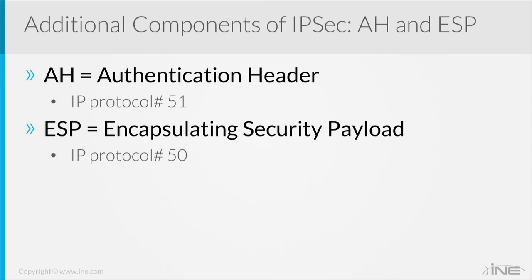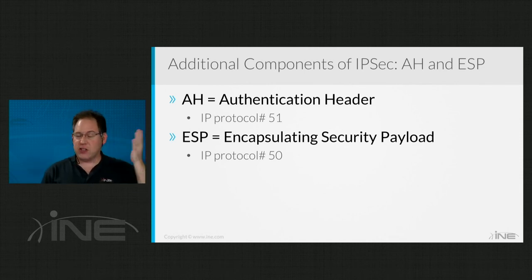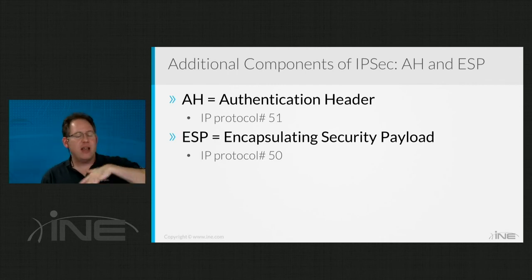Now, if you received an IP packet, and let's say it had an IP protocol number of 6 in the header, what does that mean that you can expect to see after that IP header? Another header that's TCP, right? Because IP protocol 6 is TCP. If I gave you an IP header with protocol number 17, you would expect to see a UDP header behind that.